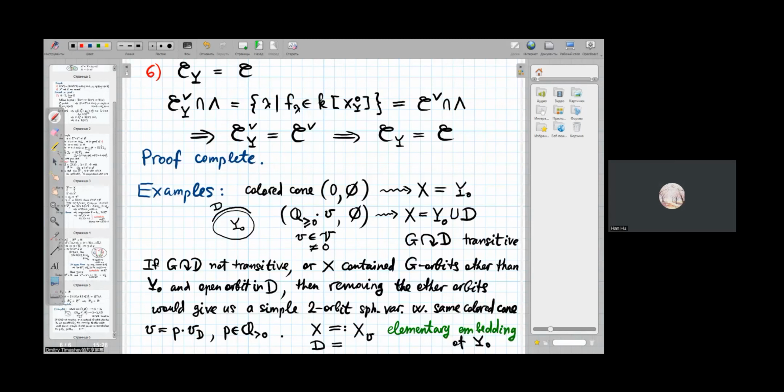I will denote it as D sub V, because this variety is canonically determined by the vector V. So this notation makes sense.